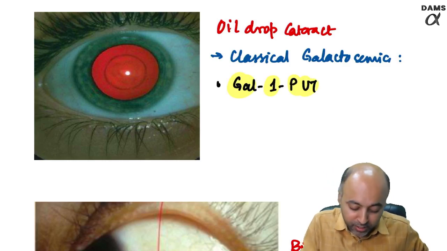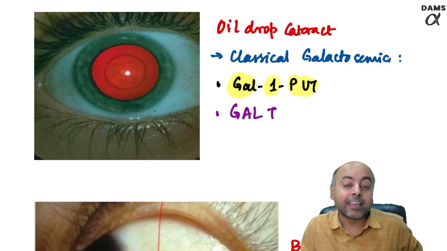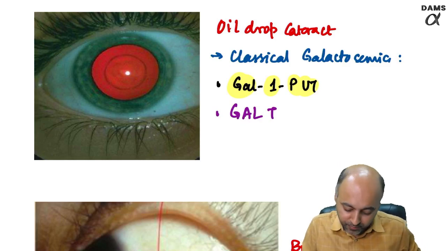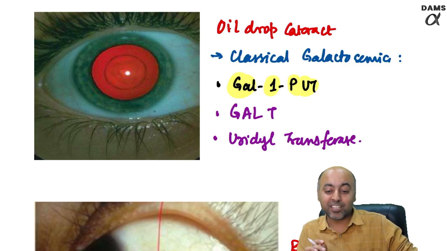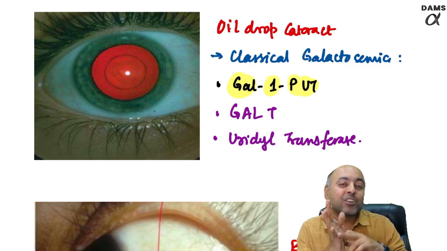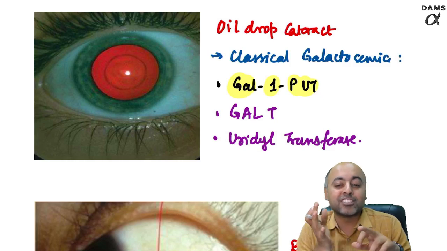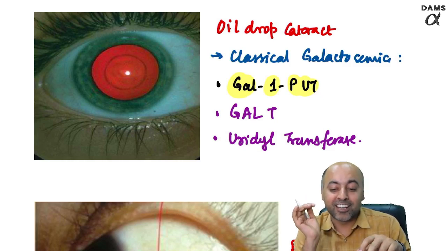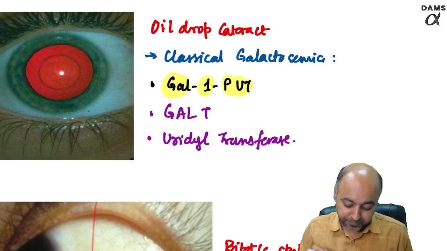So that is one way in which they can write the name, or they can write it as GALT, galactose transferase, or they can write it as uridyl transferase. So please be very careful about these names: galactose 1 phosphate uridyl transferase, the galactose transferase, or the uridyl transferase. Okay, so please remember these points.